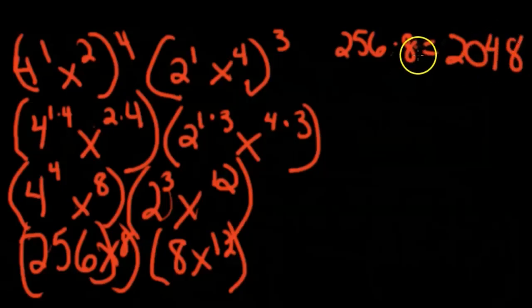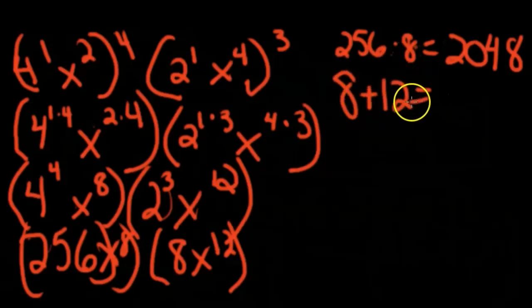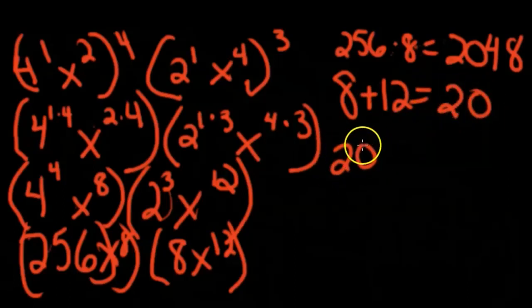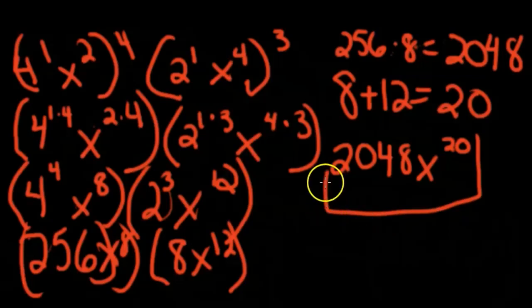Then we add the exponents attached to the variables, which is 8 plus 12, which gives us 20. So we have 2048x raised to the 20th power, and that's going to be your final answer.